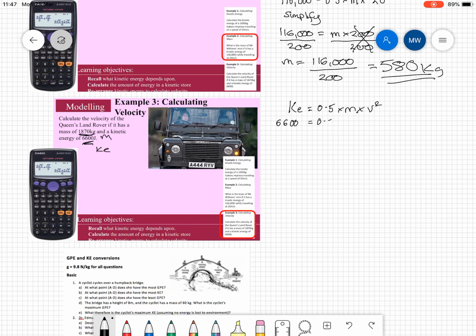So 6,600 equals 0.5 times 1,870, which is the mass of a Land Rover Defender, times v squared. Okay, so the next step I'm going to do is simplify that, so that I've just got one thing multiplied by v squared.